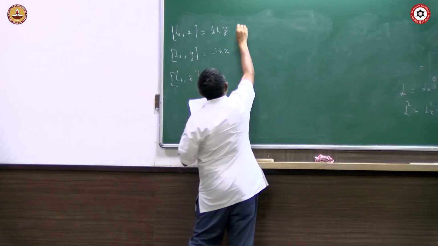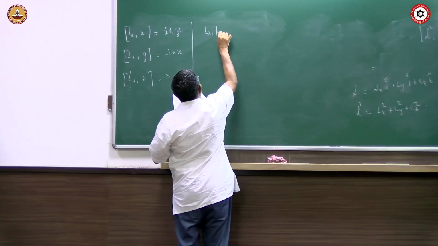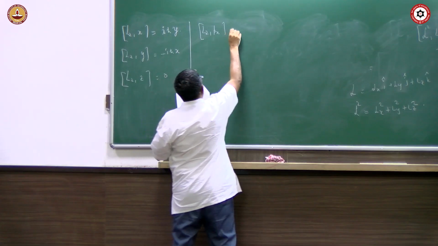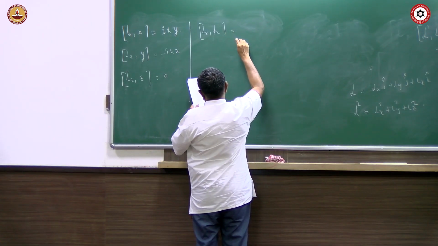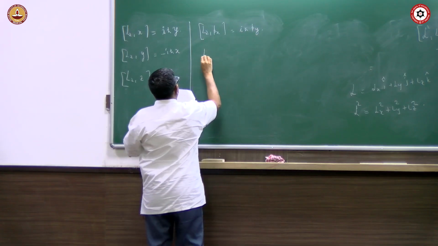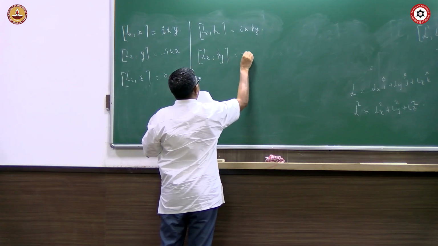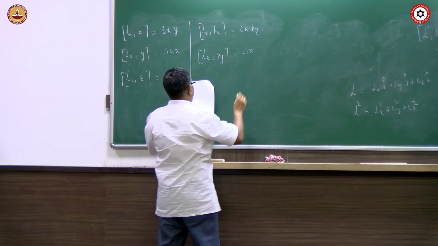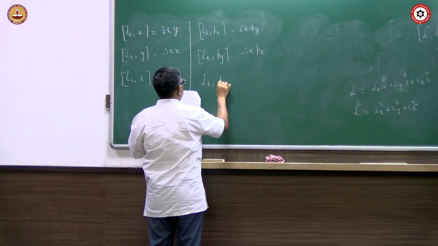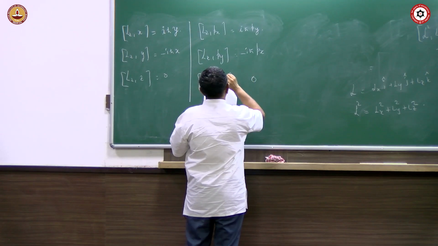Correspondingly, we can write Lz with the px component. What is that? iħ py. Lz with py is minus iħ px. Lz with pz equal to 0.